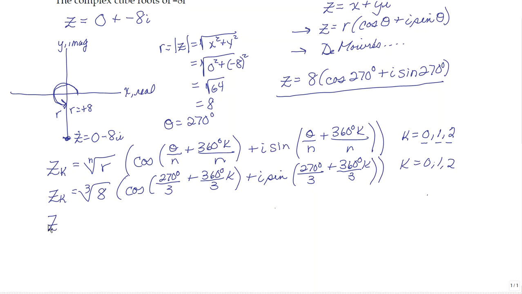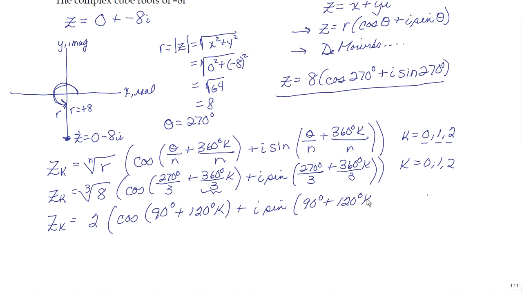And one more time, we're going to simplify this before we plug in the values of k. The cube root of 8, of course, is 2, and this is going to be the cosine of 270 degrees divided by 3, which is 90 degrees, plus 360 divided by 3, which is 120 degrees, times k, plus i times the sine of the same values. This will be 90 degrees plus every 120 degrees thereafter for k equals 0, 1, and 2.